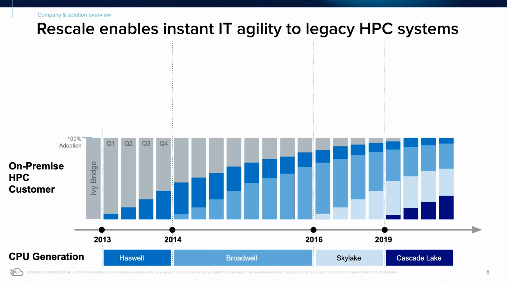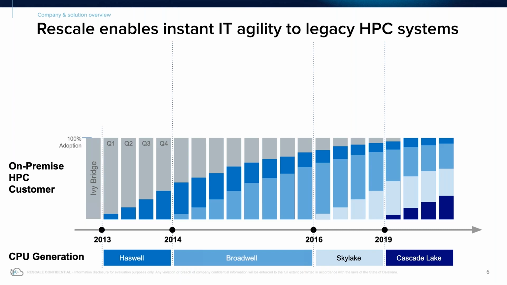And now we can also talk about how people, typically on-prem, get access to new core types. What does that cycle look like in a typical scenario as new generations of processors become available? Here we can take a snapshot of the last 7 years. Let's say we start with an environment that has, at the beginning of 2013, only Ivy Bridge processors.